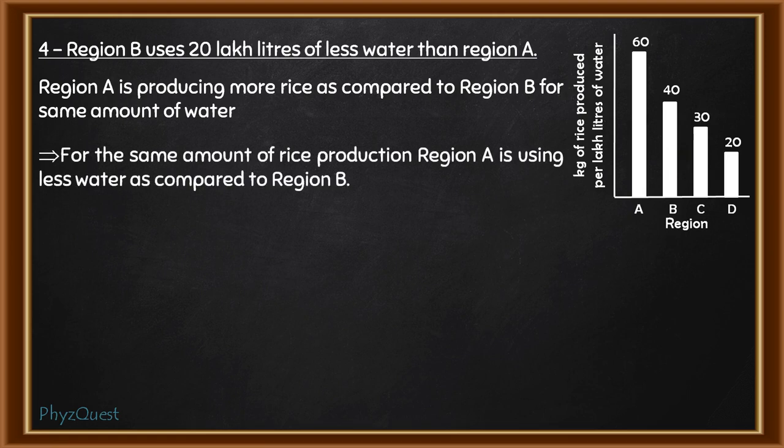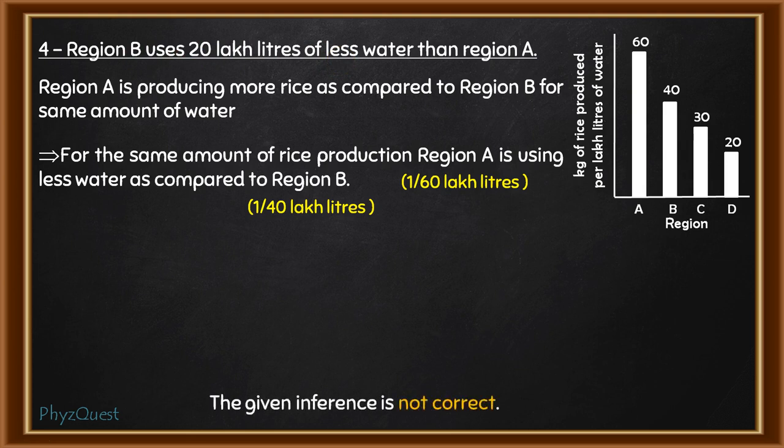So this means for the same amount of rice production, region A is using less water as compared to region B, because region A needs 1 by 60 lakh liter, whereas region B needs 1 by 40 lakh liter. Which implies region A is using less water as compared to region B. But the inference is saying region B is using less water as compared to region A, which contradicts our analysis. That means we can say that this inference is not correct.